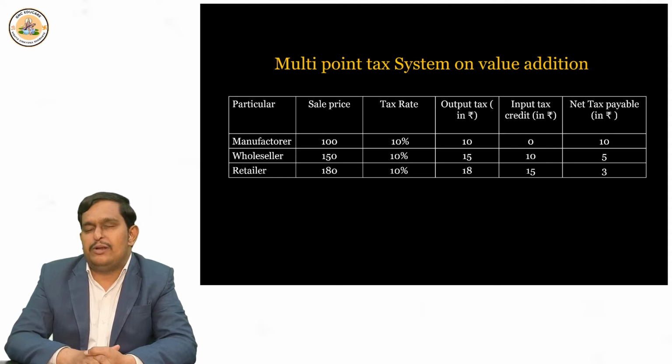How will you be able to pay the fair amount of tax? If you have to do output minus input, the authorities are different. Central government collecting tax separately, state government collecting taxes separately. How can the multi-point tax system on value addition be super effective?